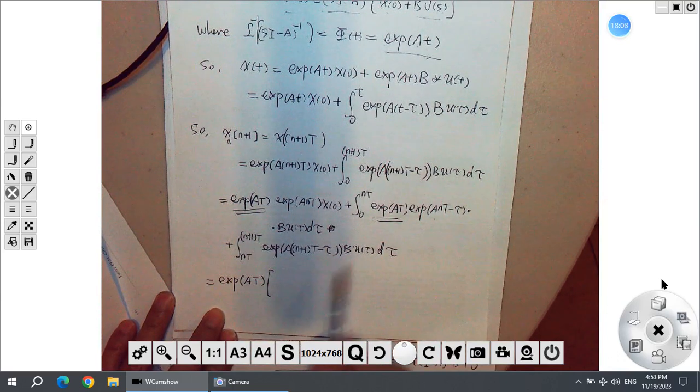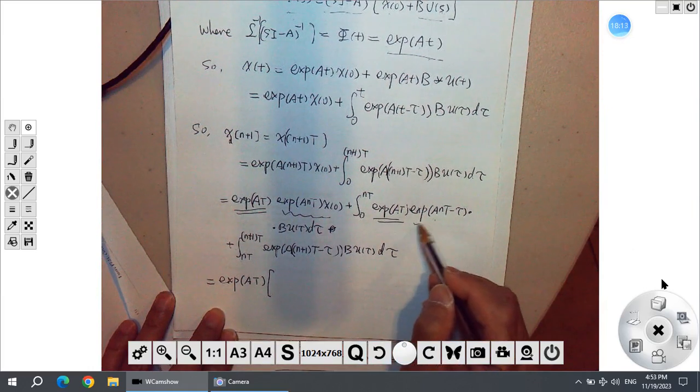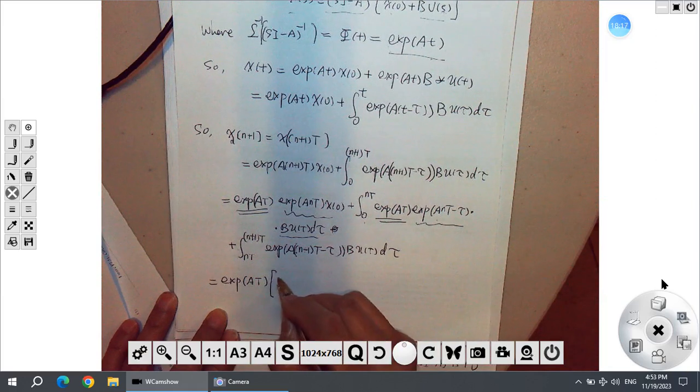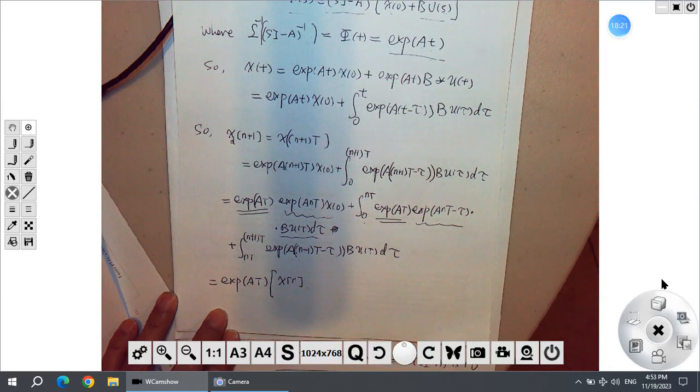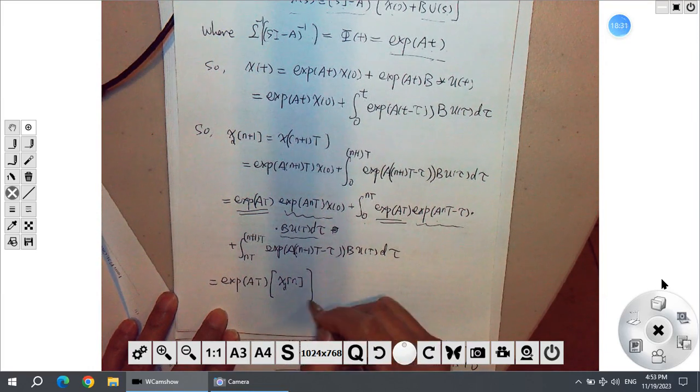You see, move this in the front. You have this one and this one times this one, do the integral. It is just x(n). Now x_d(n), or the x(nT), right? It is this one.